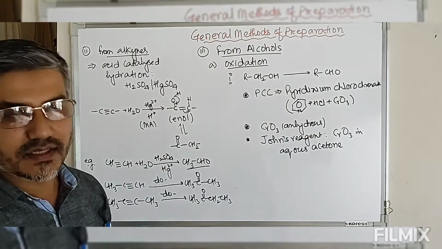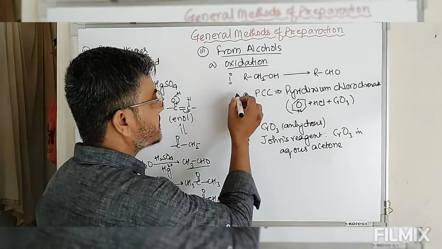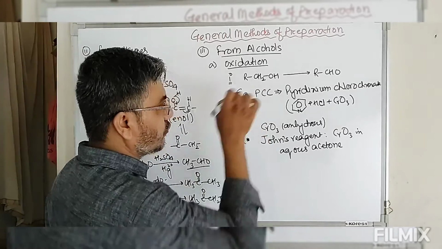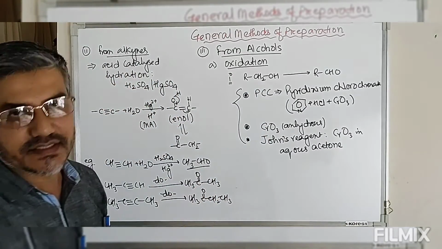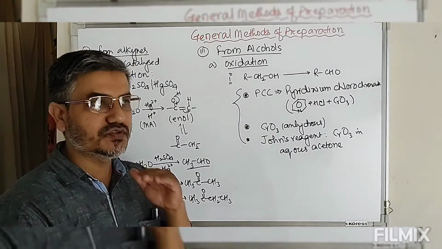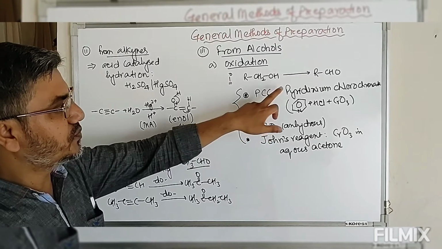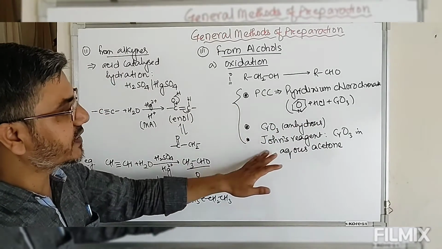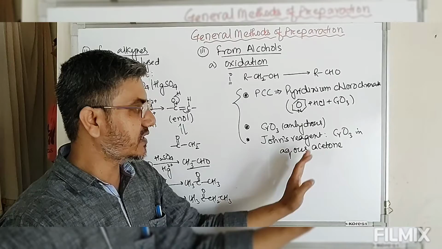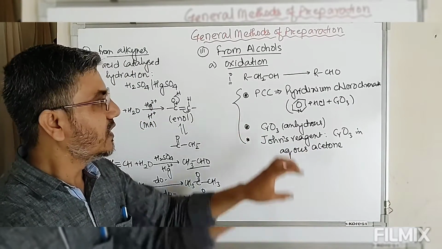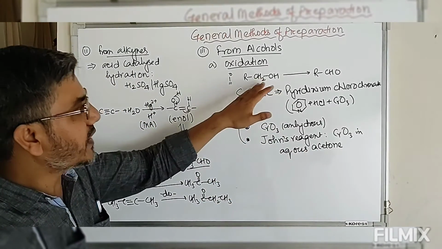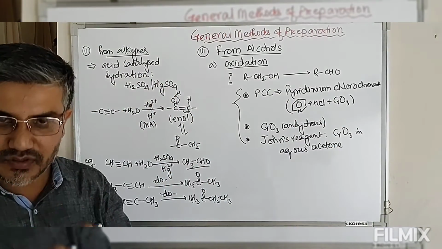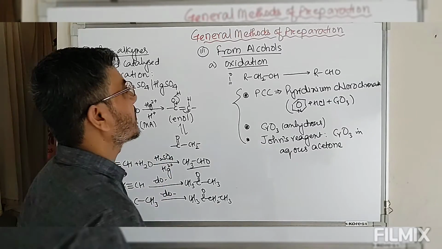So to oxidize this primary alcohol we need to have a milder oxidizing agent. So the oxidizing agent of choice is this PCC, chromic trioxide anhydrous condition, or we can have Jones reagent, that is chromic trioxide in aqueous acetone. By this reagent primary alcohols will be oxidized to give you aldehyde.